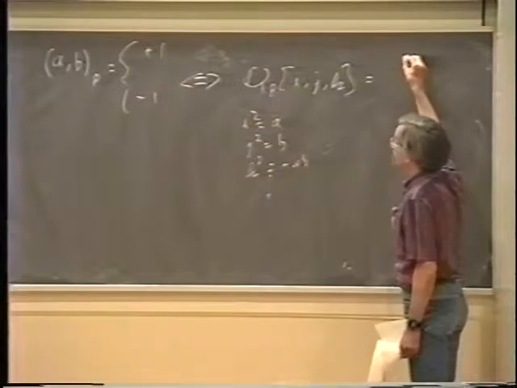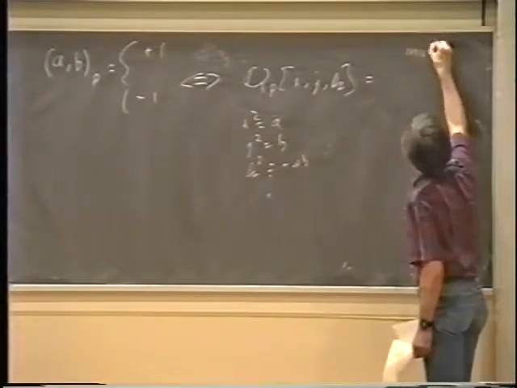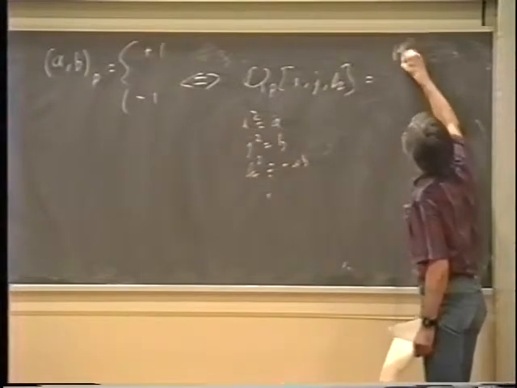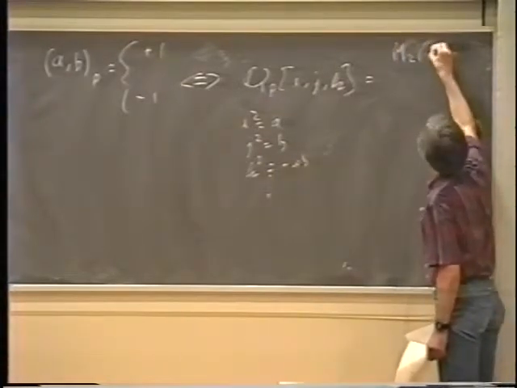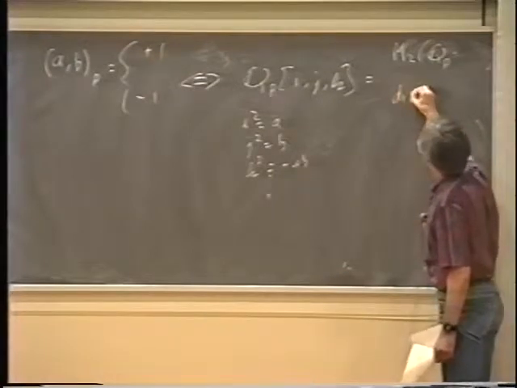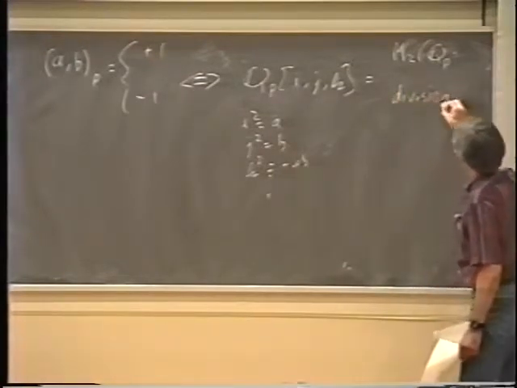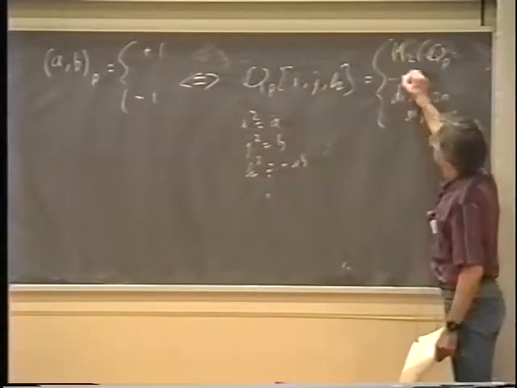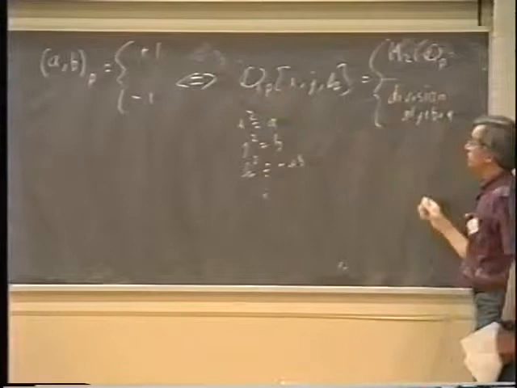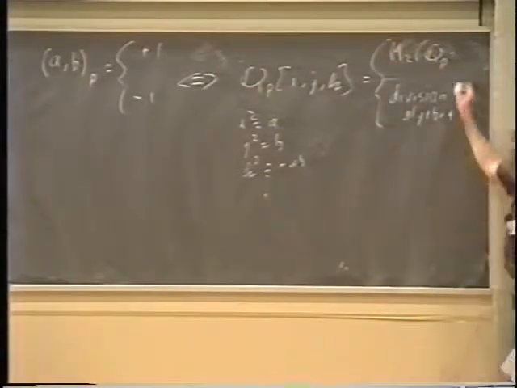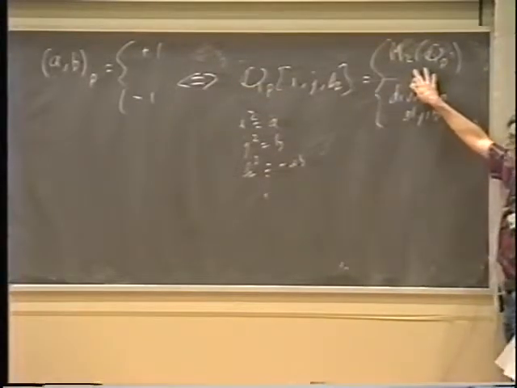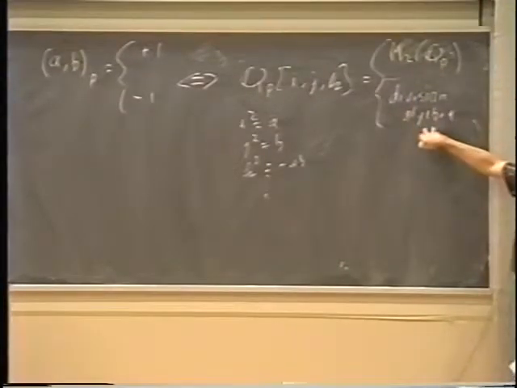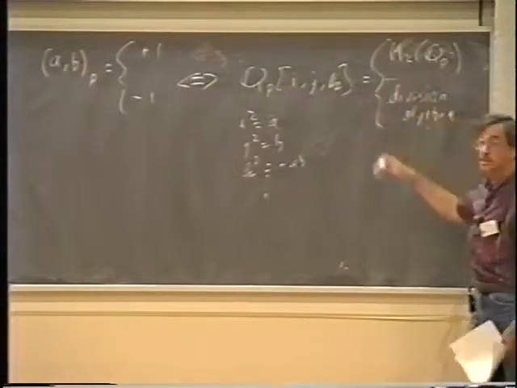In this case, it'd be just 2 by 2 matrices, M2 of Q_p, and in the other case, it'd be a division algebra, corresponding to these two cases. So either you end up with 2 by 2 matrices, which is, of course, an algebra, just doesn't happen to be a division algebra, or you end up with a division algebra, corresponding to two cases of the Hilbert symbol.